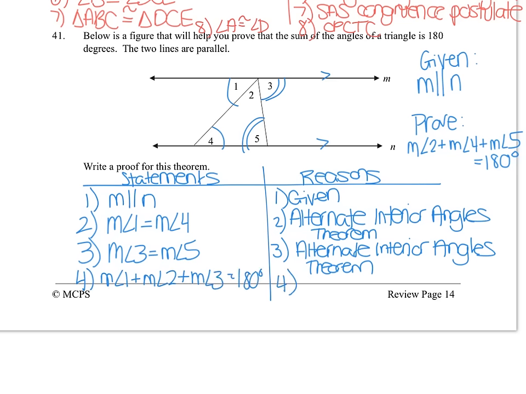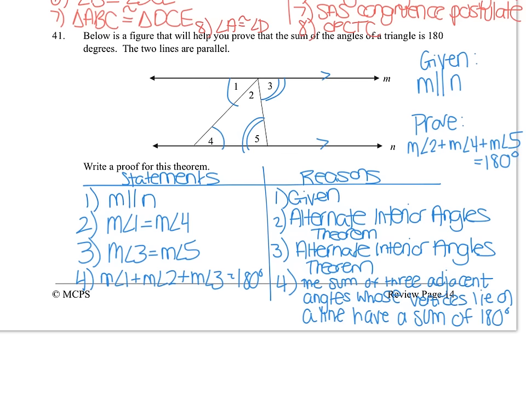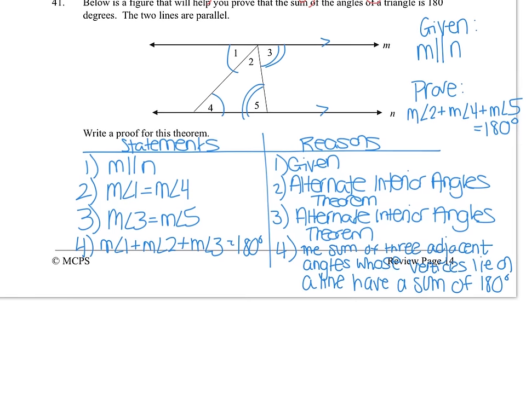The reason for this is that the sum of 3 adjacent angles whose vertices lie on a line have a sum of 180 degrees. So again, in case you can't read my handwriting, the measure of angle 1 plus the measure of angle 2 plus the measure of angle 3 equal 180 degrees because the sum of three adjacent angles whose vertices lie in a line have a sum of 180 degrees.